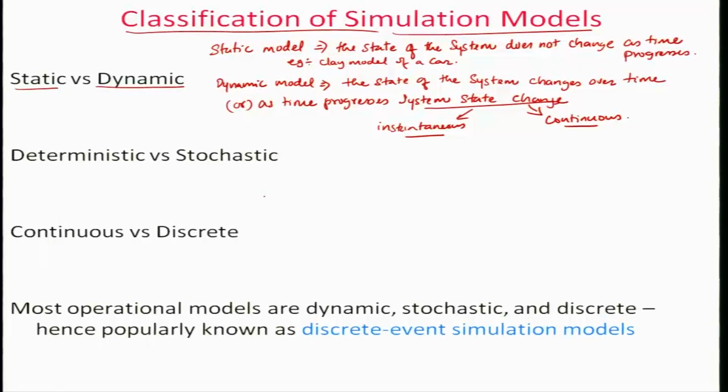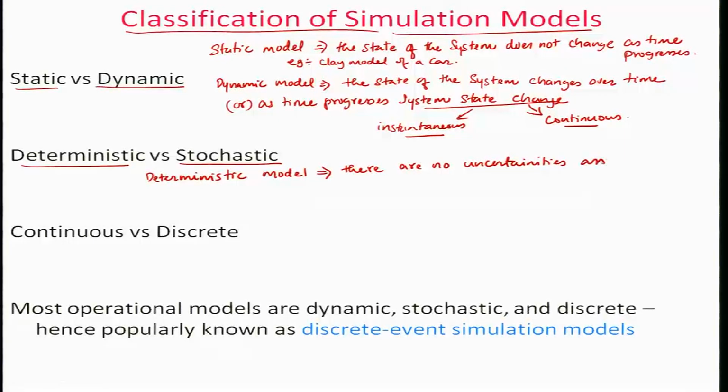The second type of classification is what we call deterministic versus stochastic. A deterministic model implies there are no uncertainties associated with any state of the model.